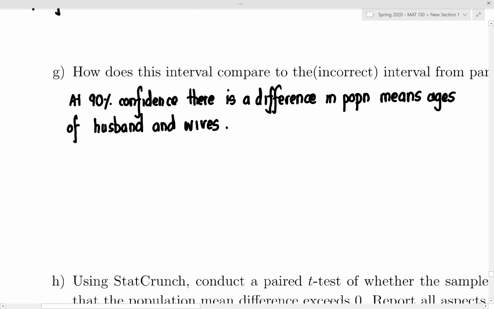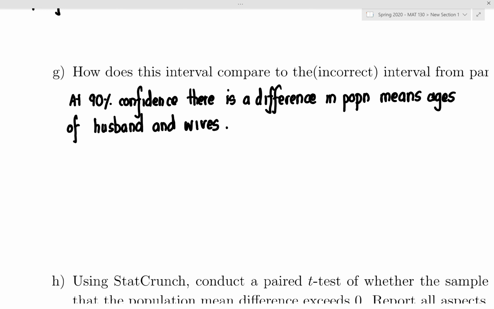All right, so 0 is not in this interval, which means we're 90% confident there's a difference in population mean ages of husband and wife. And not only that, we're 90% confident that the husband is older than their wives.